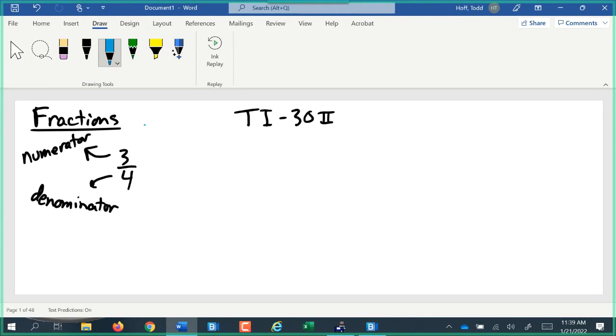Numerator, to numerate, we talked about the census and going out and counting the population. That numerator is a count. Here we have 3 of something, just like having 3 inches or 3 cows or 3 pounds. The bottom number, the denominator, we have different denominations of money, of groups.